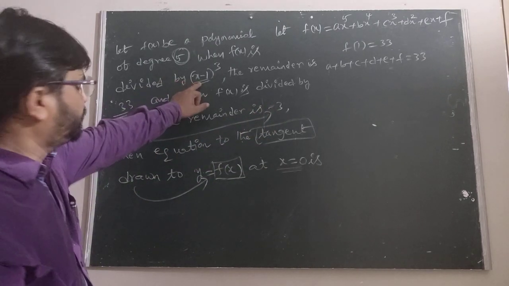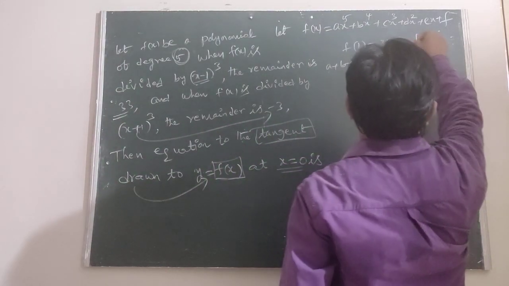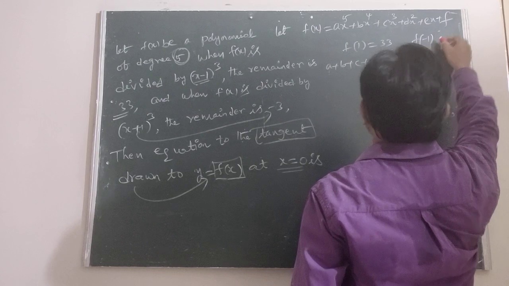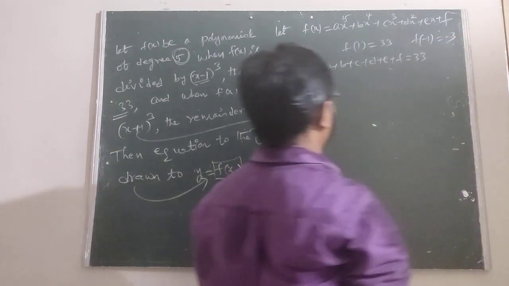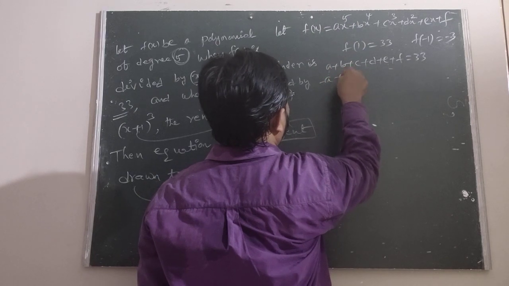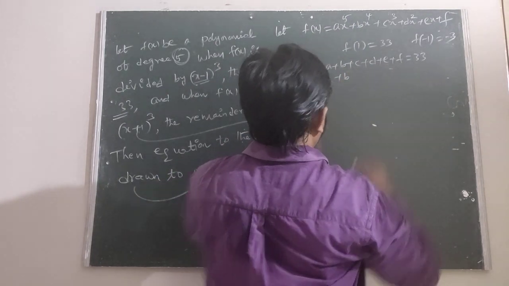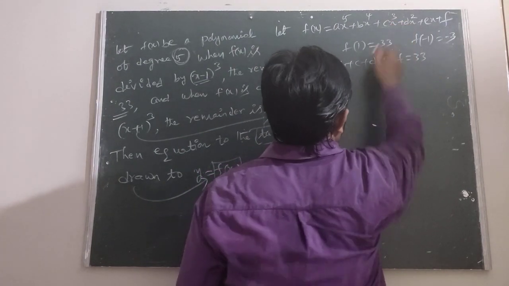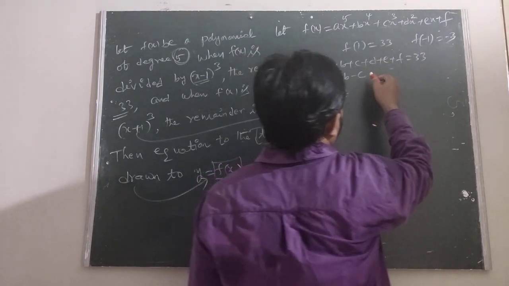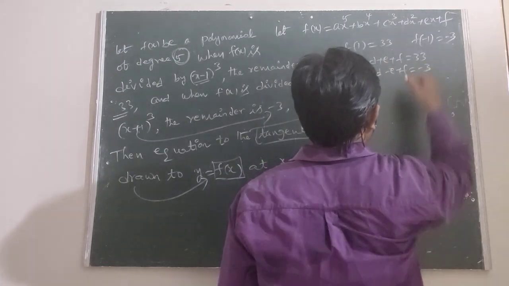Now f of minus 1 is minus a plus b minus c plus d minus e plus f equals minus 3.